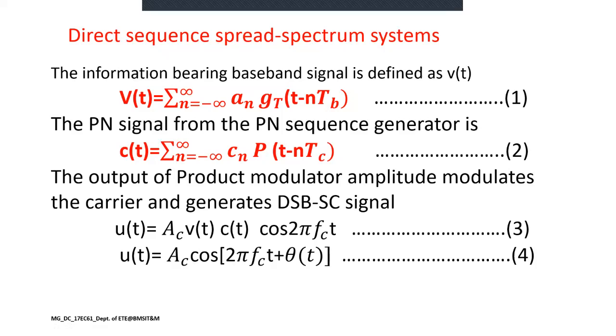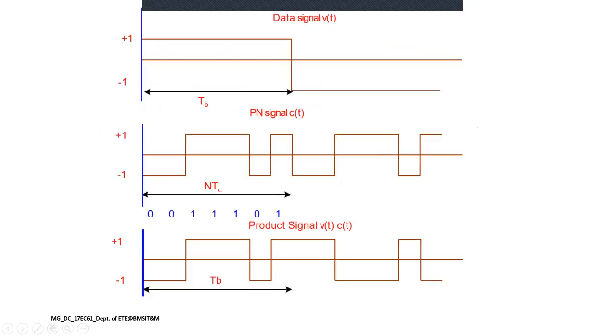Means I have an input sequence, which is defined like this. And another signal, as I said, is the pseudo noise signal from the pseudo noise sequence generator. Just to understand, this is my input binary sequence.